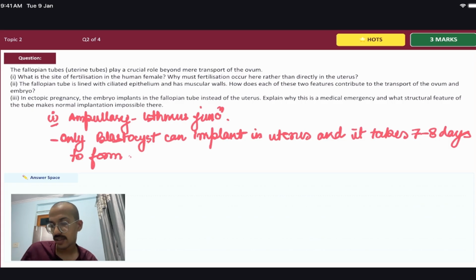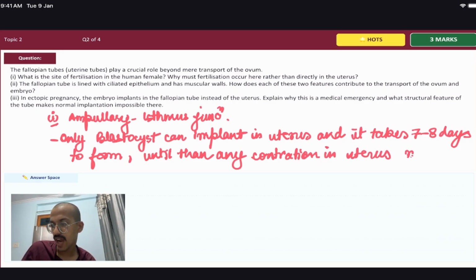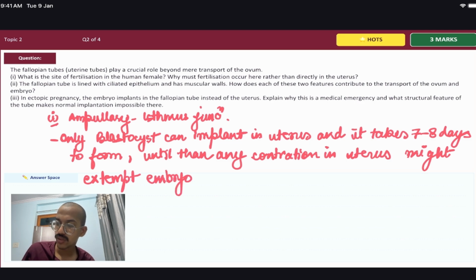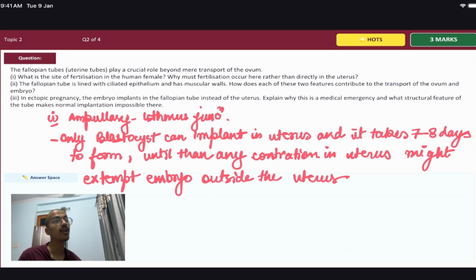Until then any contractions in uterus might expel the early embryo outside the uterus. So implantation will not occur. This would be more like what? Miscarriage. Okay, in the initial days miscarriage can happen.